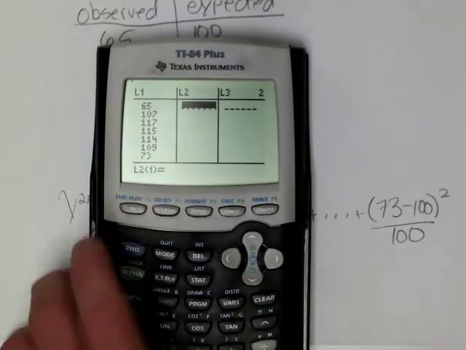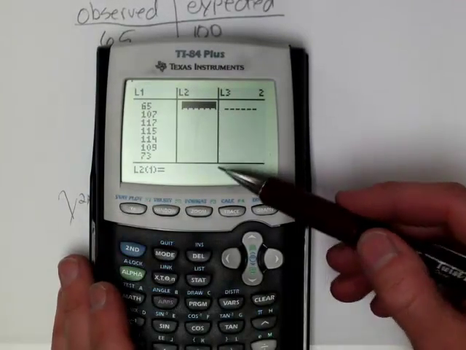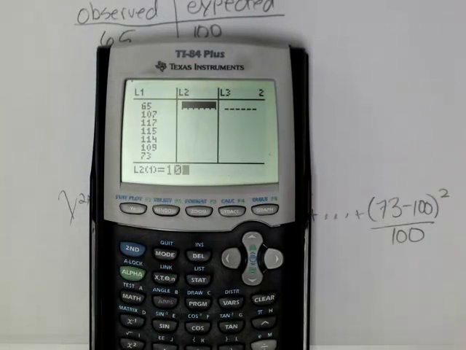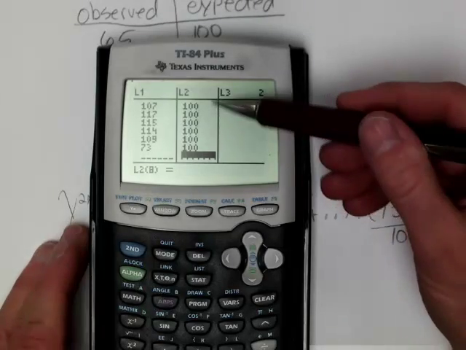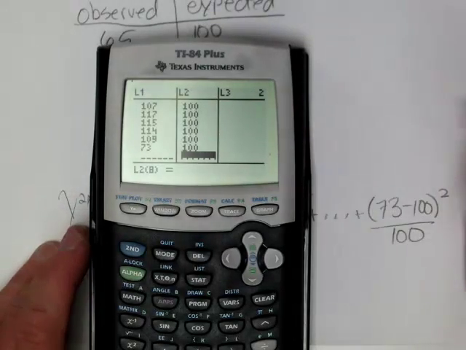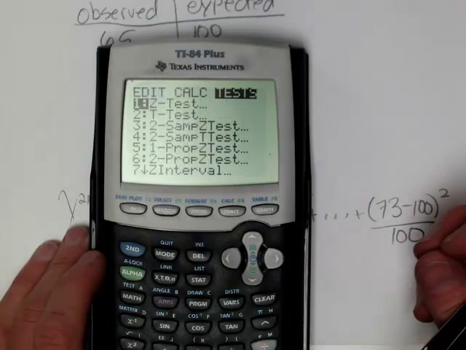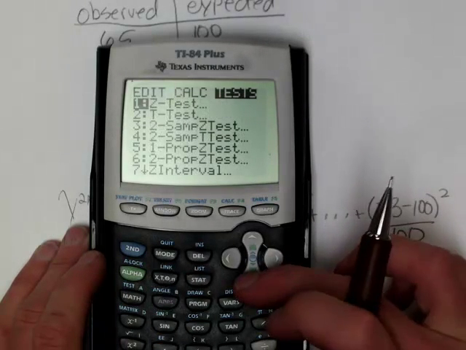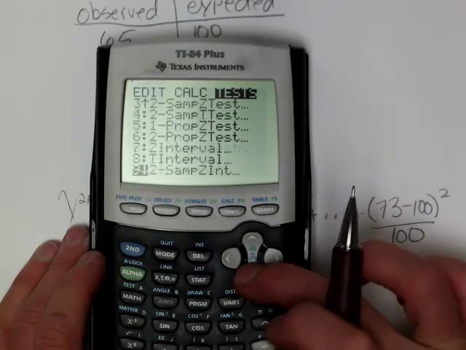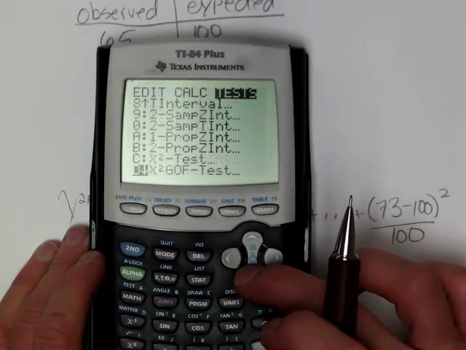So I need to put in my expected values in list 2. I know those are all going to be 100. So I have a list of 7 values, all 100. And I'm going to press Stat, right arrow over to Test, and then scroll down to the chi-square goodness of fit.